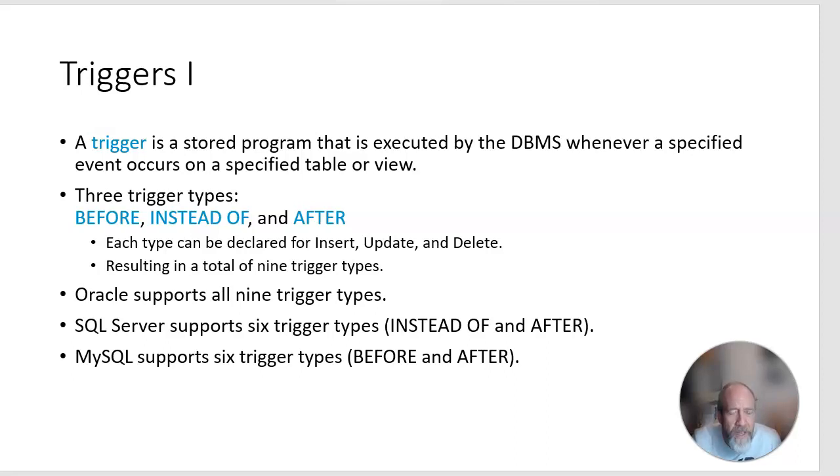By action, I mean you inserted into the database, updated the database, or deleted a row from the database, and you have three types: before, instead of, and after. Combine those and you've got 9 different types of triggers.